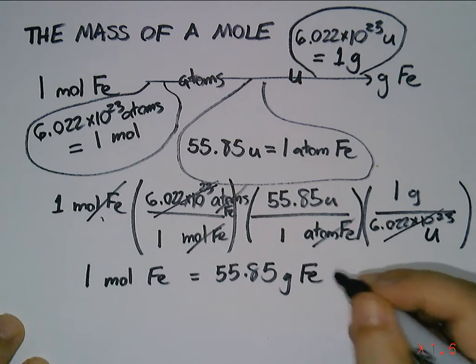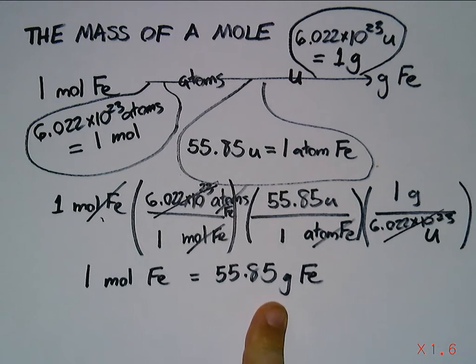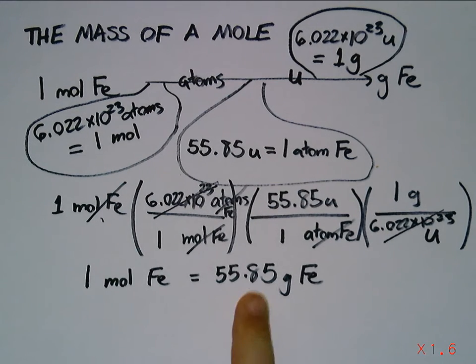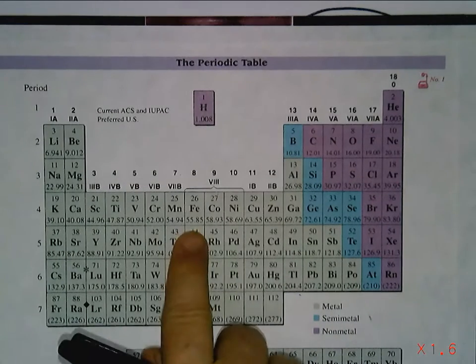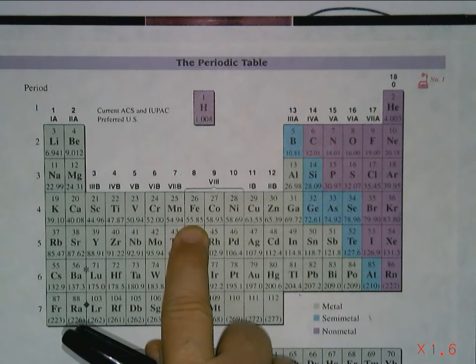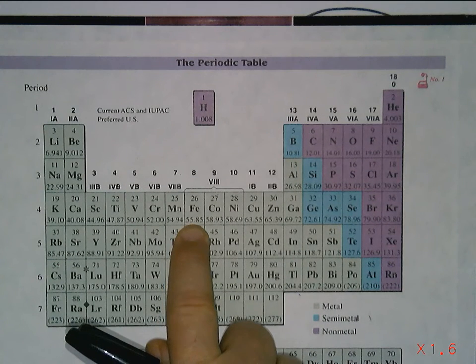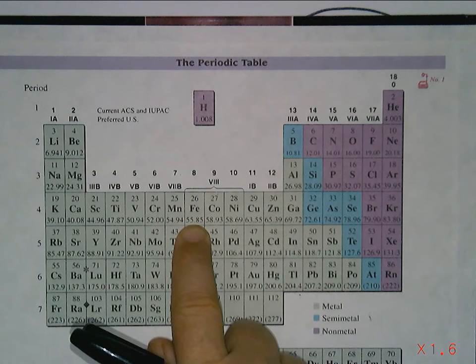Now here is what I was after, the mass of 1 mole. 55.85 is the mass of 1 mole of iron. Now, I can simply look at the periodic table and say 55.85 U is the mass of an atom of iron, but 55.85 grams is the mass of 1 mole of iron.